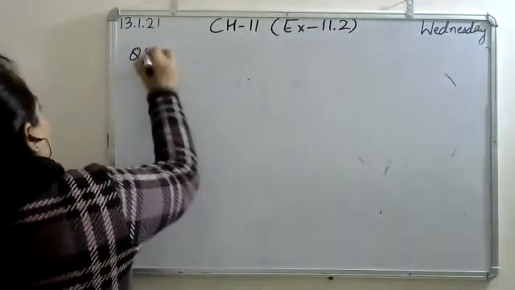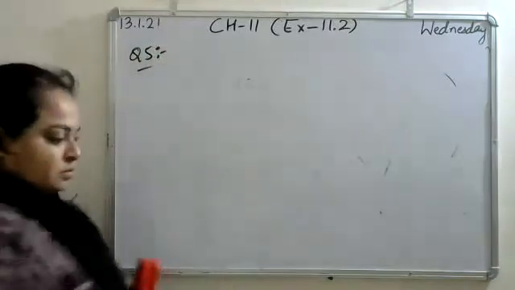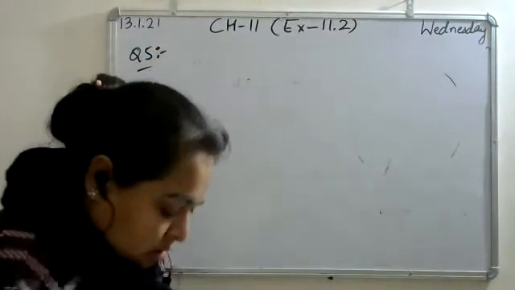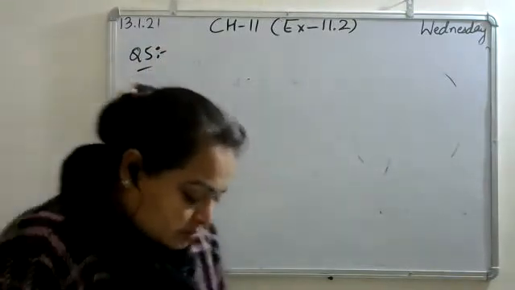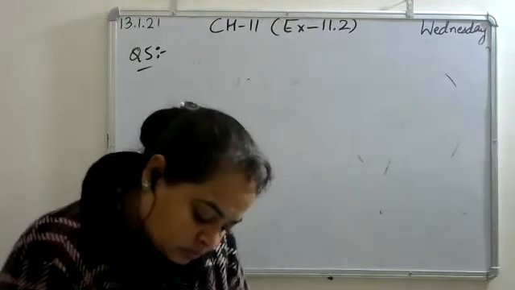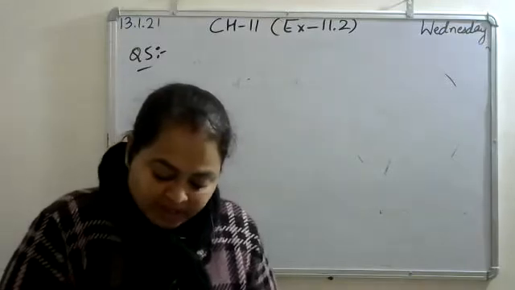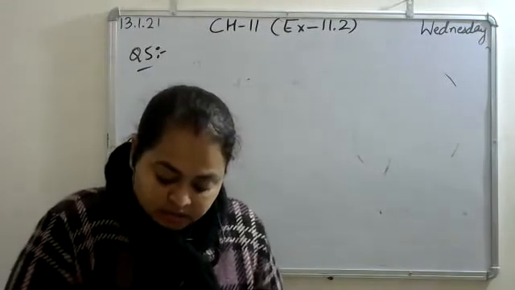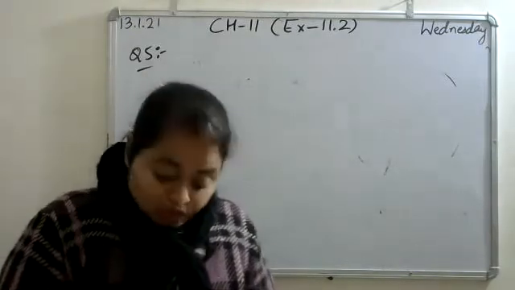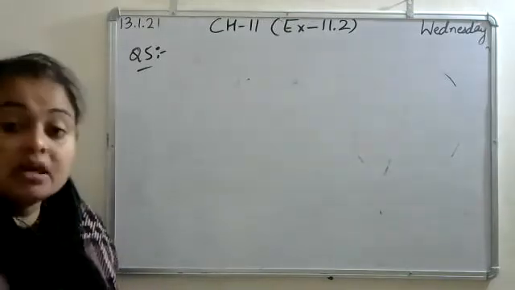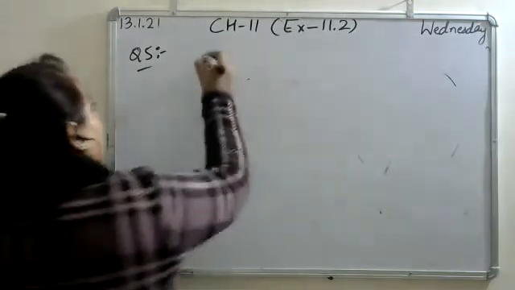Now come to question number 5. Question number 5 is to find the sum of three numbers 14, 27 and 13. We can have two ways.